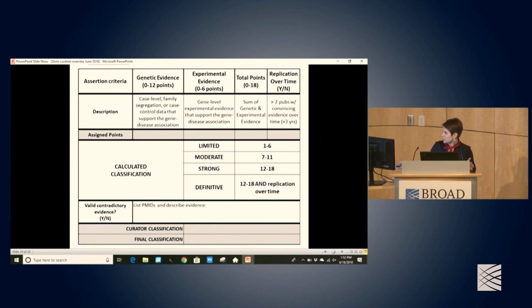That's why you see a difference here, curator classification versus final. We just ask that if you do this, you provide a very clear rationale for why you've done that. And we've certainly seen that within our various ClinGen curation groups, where the experts have looked at the information and felt that a different classification may be warranted based on current understanding of that particular gene disease pair.